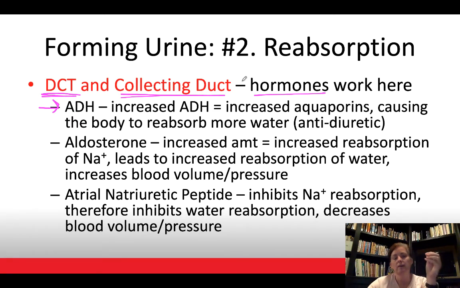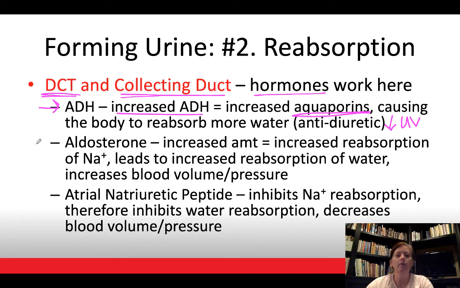If you have antidiuretic hormone, then it promotes reabsorption and it decreases urine volume because it's an antidiuretic. So if we have increased ADH, we are going to have more aquaporins activated in the collecting duct, and they are going to allow us to reabsorb more water back into our body, so we have decreased urine volume as a result.